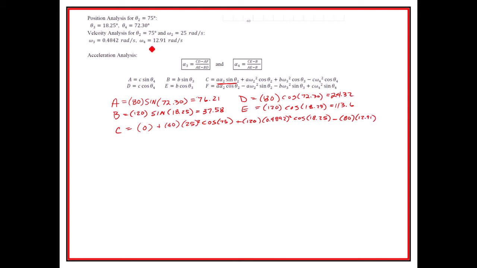That's what we got there for theta 4, excuse me, omega 4. Getting things mixed up. I'm really tired of doing this, and you probably are tired of listening to it.